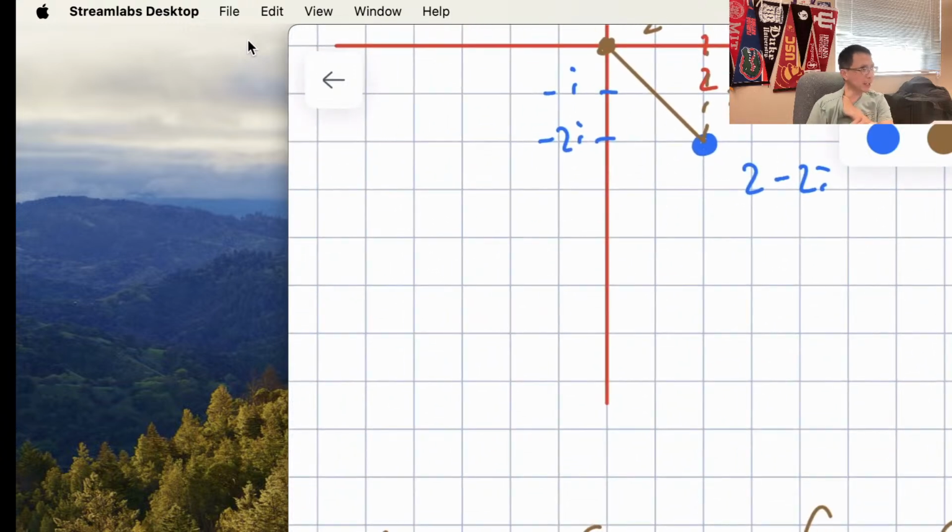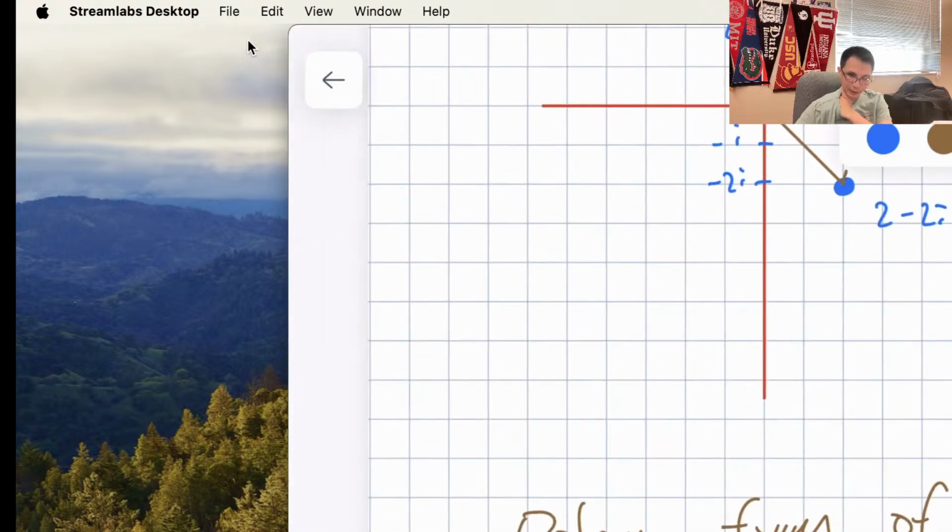Okay, so then you say, wait, what is this? This looks very complex. It's something you already know. Remember, this is x, this is y, right? So x is equal to r cosine theta, and y is equal to r sine theta. So we already know this. So can we represent this?